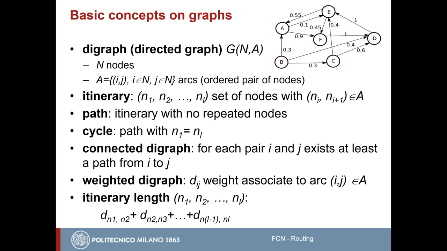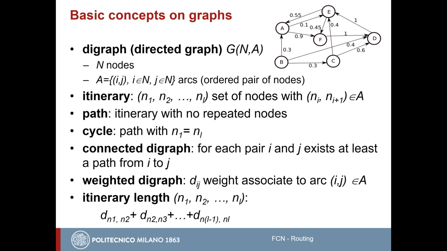Since we have to find the best route, not only a possible route, we need a metric, and on the graph, having a metric corresponds to an association of weights to each of the arcs. So each arc in the graph is a weighted arc, and weight dij is the weight associated to arc ij, which is a number, of course.